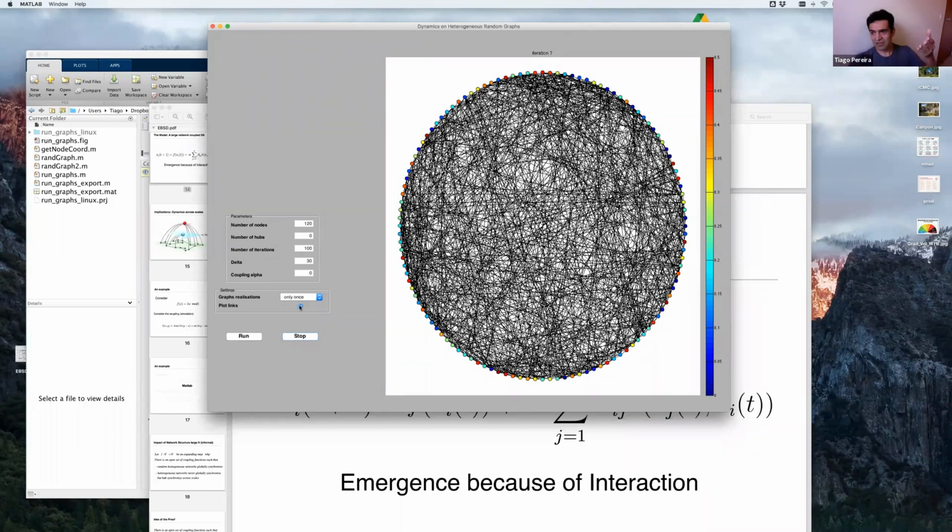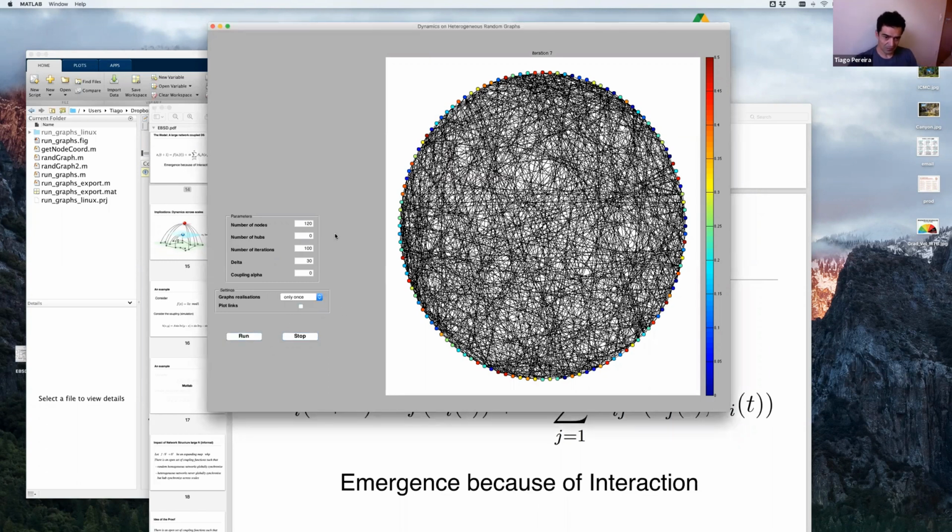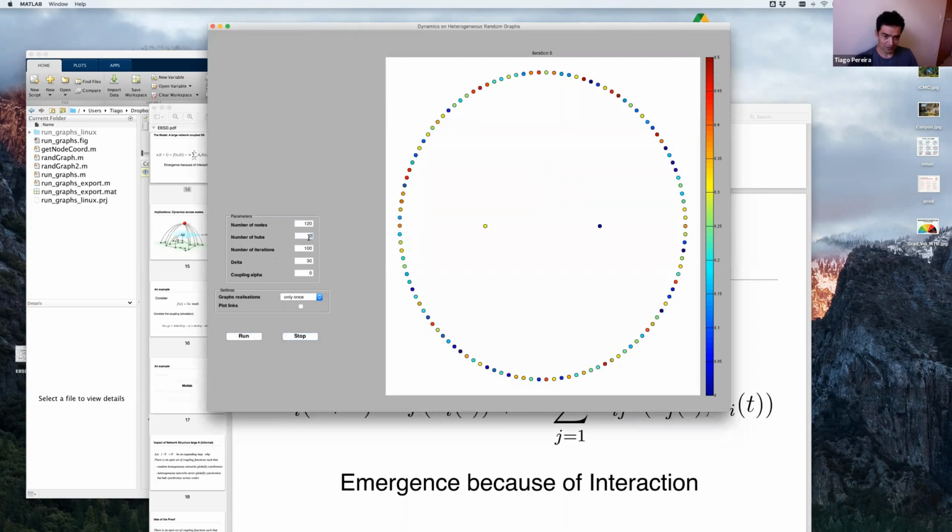I'll stop plotting the links, otherwise this becomes a bit blurred. Now what you see is the following. I'll explain the color coding. I will take this node here, the one where my mouse is sitting, as my reference node.